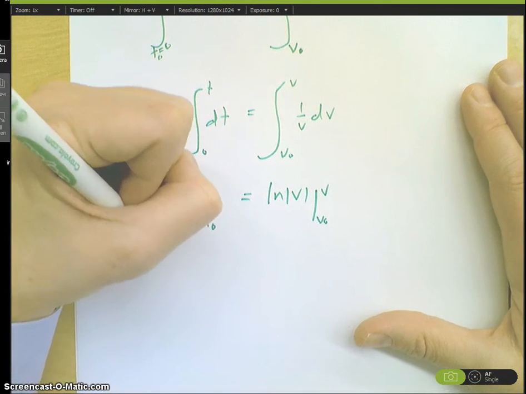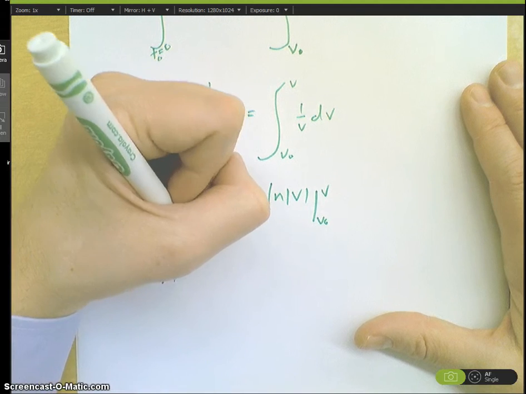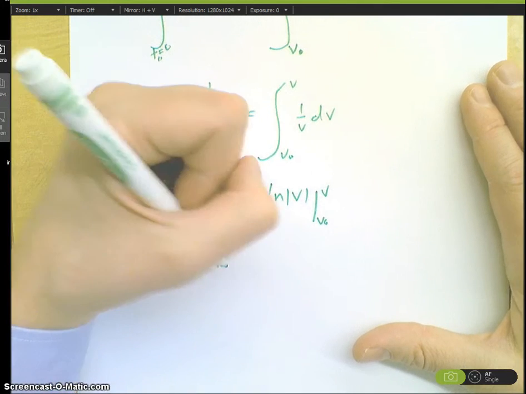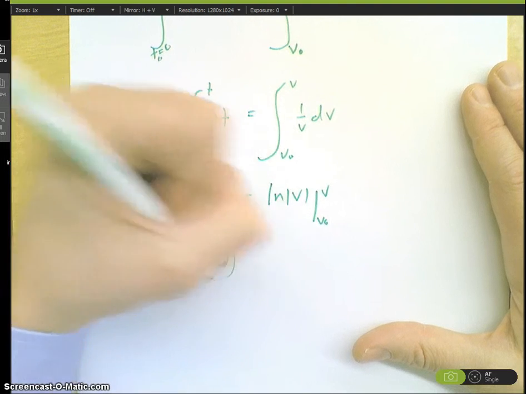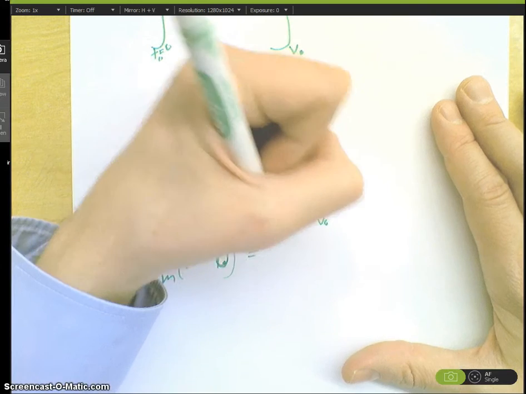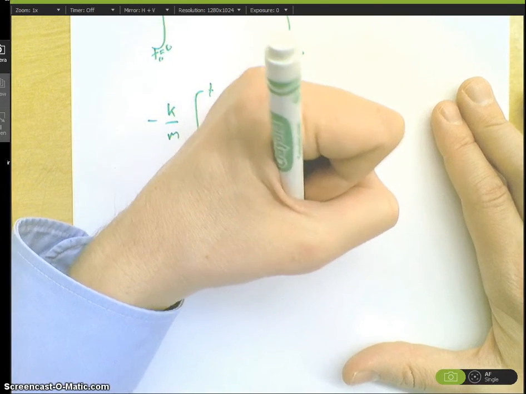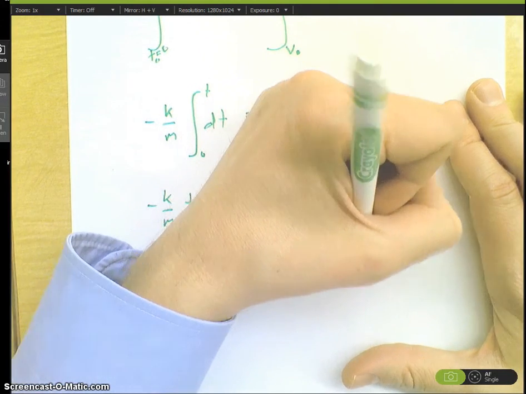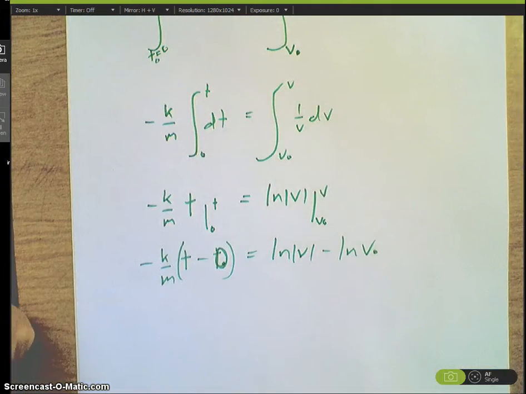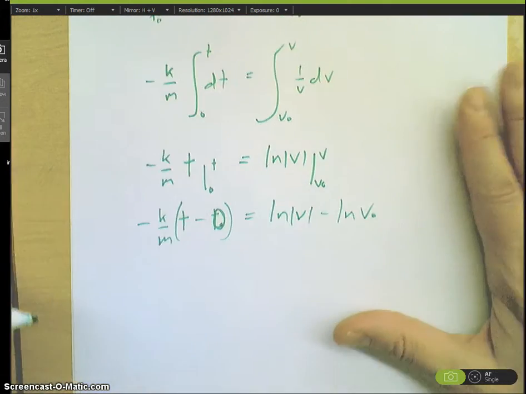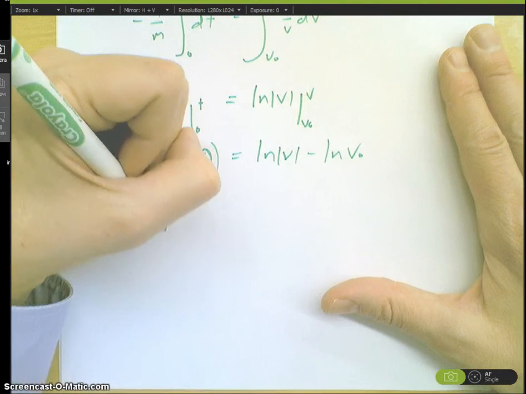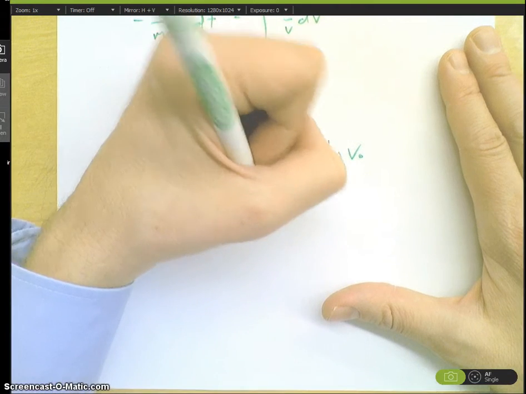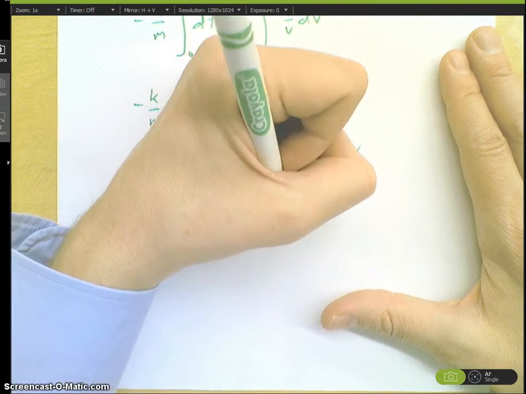So you would rewrite it as minus K over M times t minus t0. But t0 is really just 0, so t minus 0 is not important. And the natural log of V minus natural log of V0, which there is an identity that makes this the natural log of V over V0.